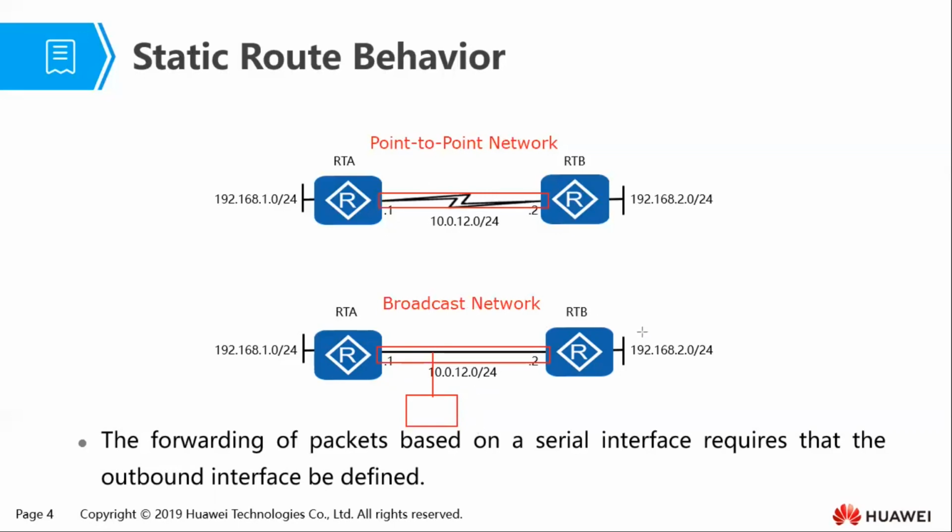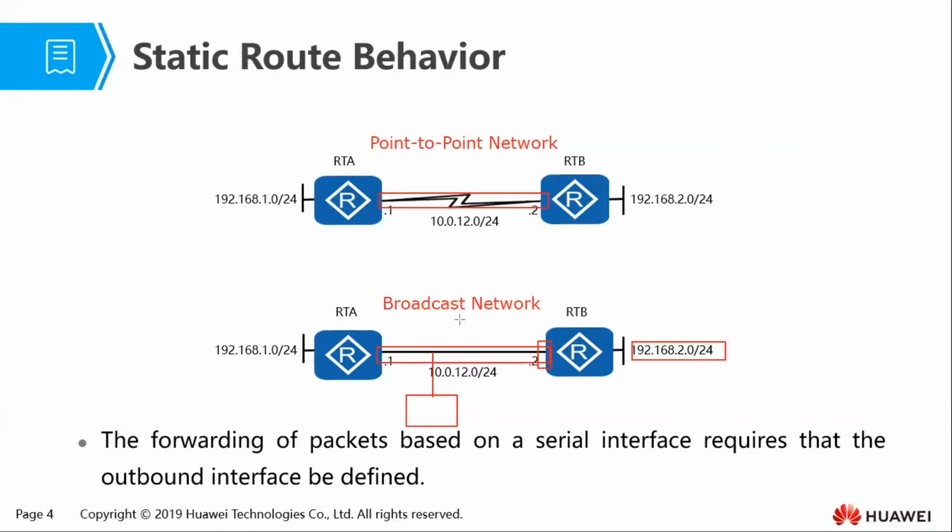For example, in broadcast networks, if we are in RTA and we need to configure a static route to this network, we must specify the address of the next hop. Why? Because if we don't specify the address of the next hop, that packet will also be processed by this router.